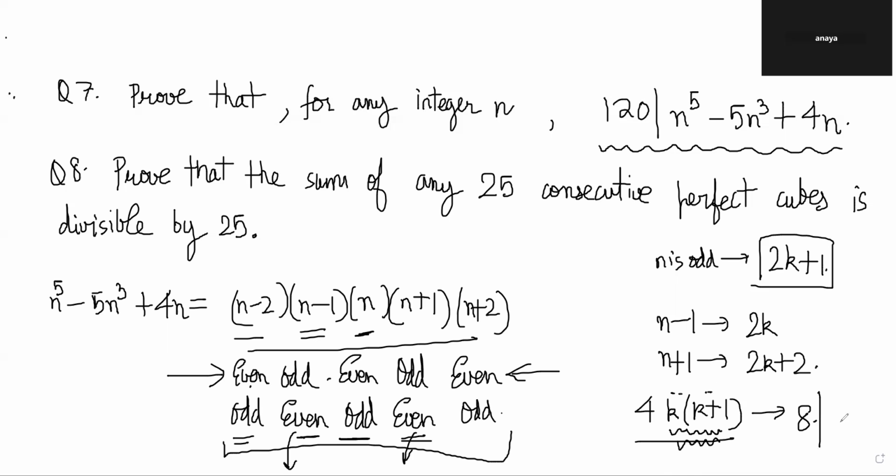8 divides n squared minus 1. We had already proved that earlier also. If n is odd, 8 divides n squared minus 1, right? And here you have n minus 1 and n plus 1, and n is odd in the second case. So it is already done that in both the cases you have divisibility by 8.